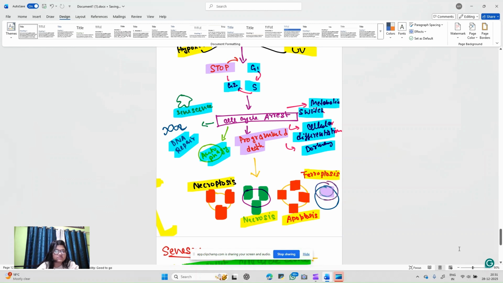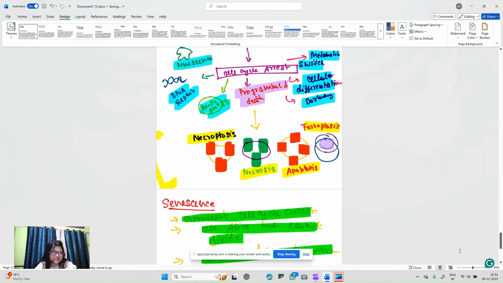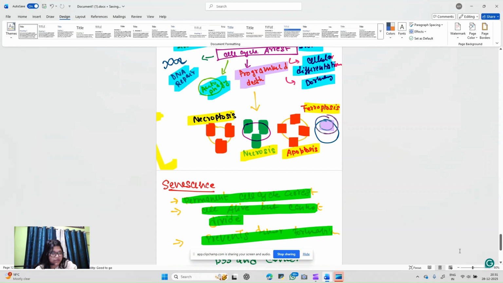So there is another term, necroptosis, which is very new to us. We will be studying about this in detail when we study necrosis or ferroptosis or apoptosis in detail, because apoptosis is not just P53, but it also consists of other gene mechanisms.